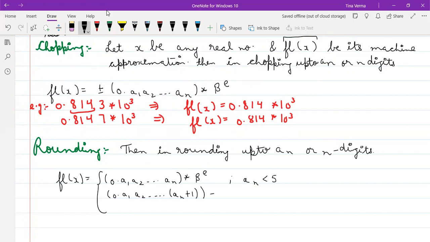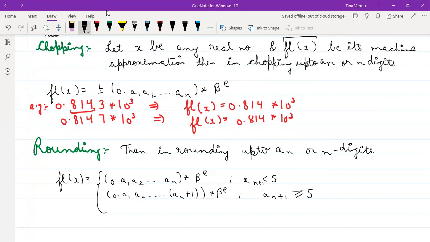In some books, you will read a definition that for n equal to 5, they consider two different cases, that the n plus 1th place should be even or odd. But nowadays, the computer is using only this. When your a(n+1) is greater than or equal to 5, it will add 1 to your nth place, right?